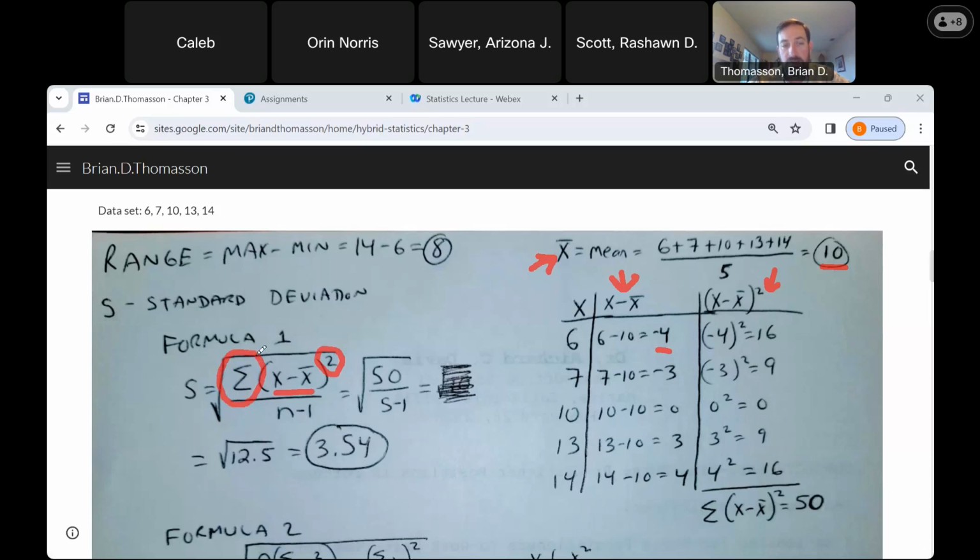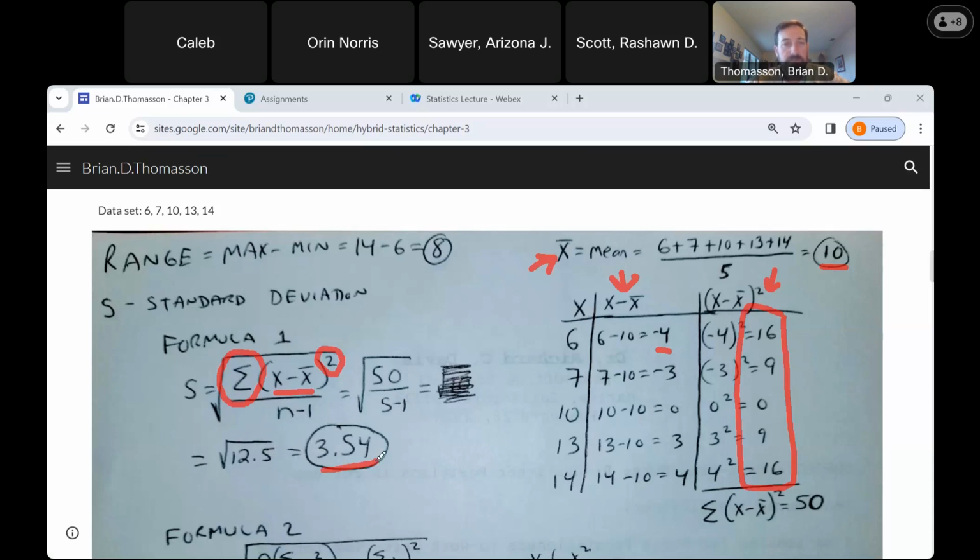So we're adding up those squared values, in other words, adding up these values, and that's going to give us the 50. N is, remember, our sample size. So we have the sample size, which is 5, and then we subtract 1. So we have 50 over 4, or the square root of 12 and a half, which comes out to 3.5.